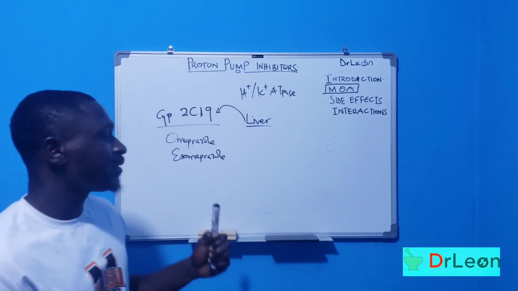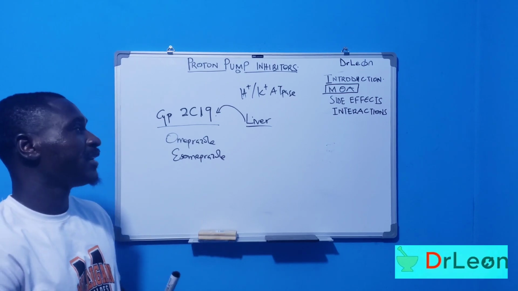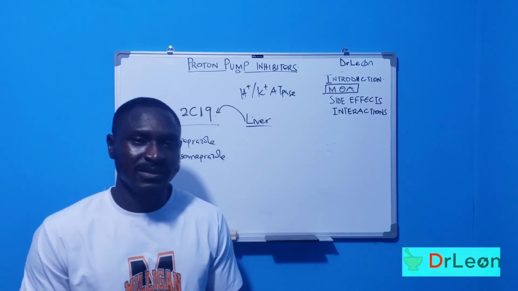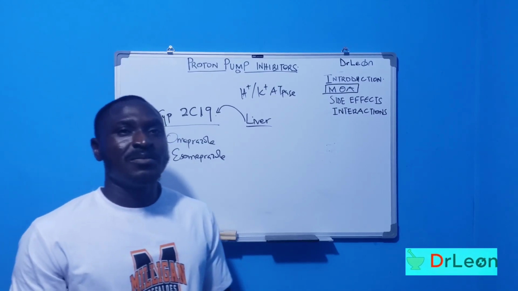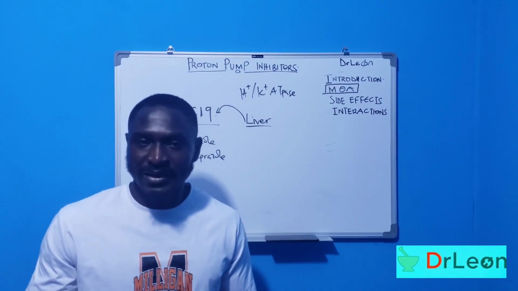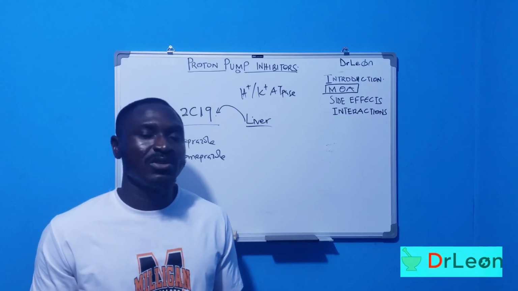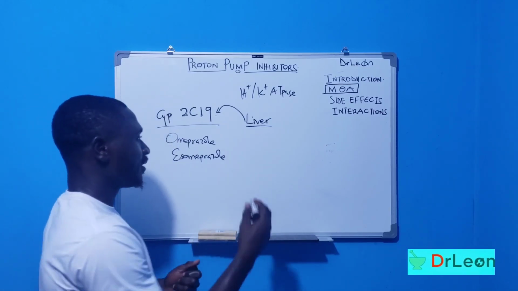Also, as we said, the body makes use of the liver to eliminate these drugs. For that matter, if you have a patient who is kidney impaired, you are not really worried because you can give these drugs.